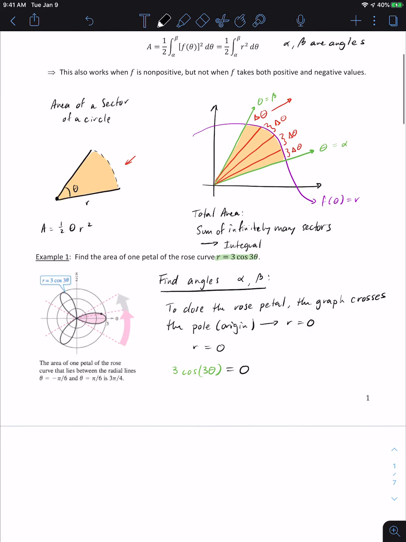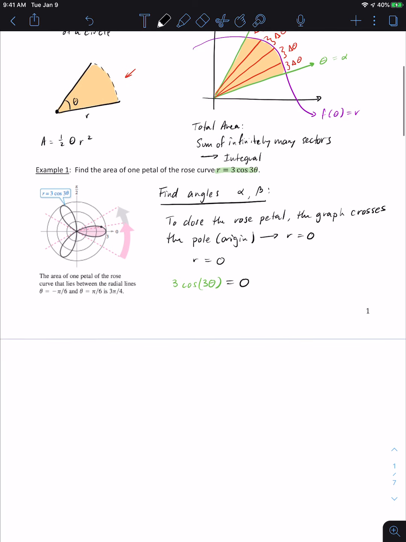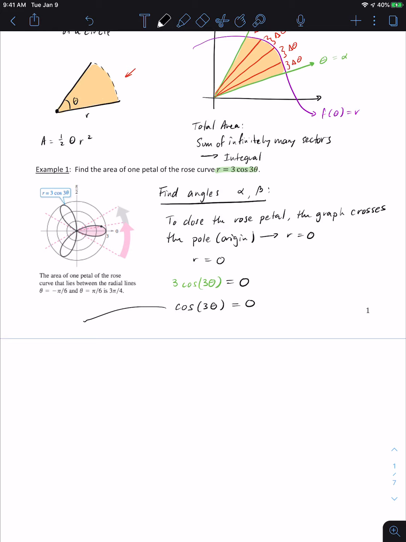So when this radius equals 0, that's going to give us our starting and ending values for my angle, or my alpha and beta. So solving this, I get cosine of 3 theta equals 0 if I divide by 3. And then I get 3 theta equals cosine inverse of 0, if I solve for theta.